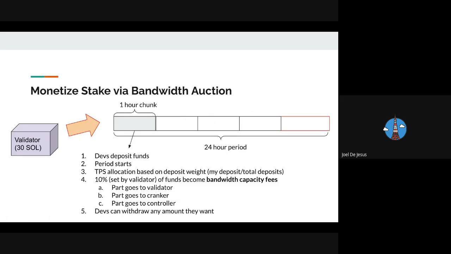On this page, I really did try to simplify things. The validator includes stakers. A staker is someone who has SOL, picks a validator, and stakes their SOL with the validator, and a validator can have multiple stakers. Today we'll focus on the validator and staker part.